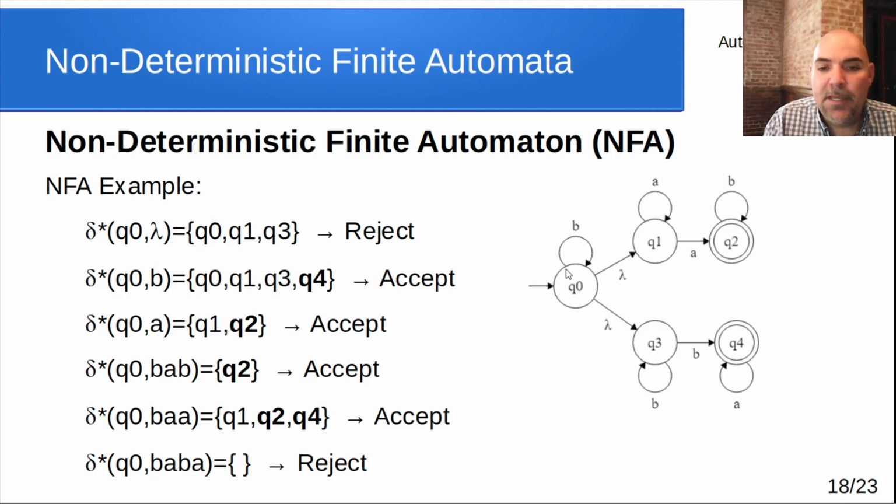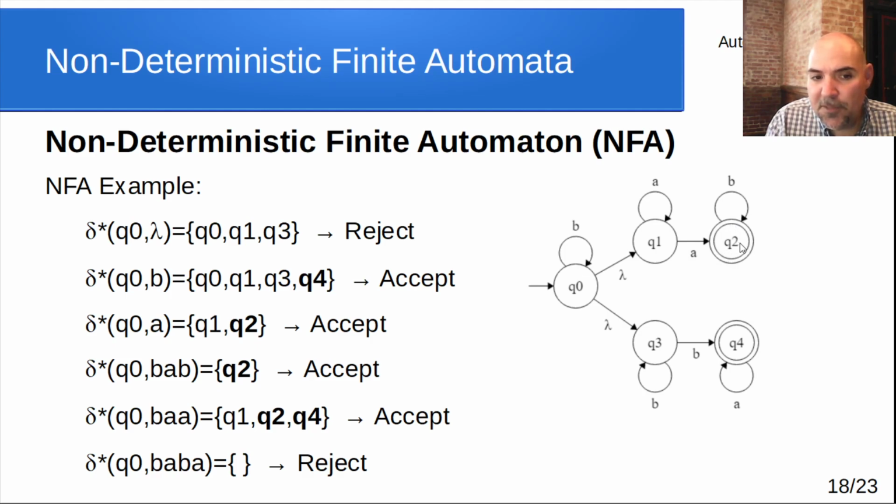Now BA, BA. So B gets us to 0, 1, 3, 4. An A gets us to 1, 2, 4. And then a B from there gets us to just Q2. And then an A from there, so we're in just Q2 now.